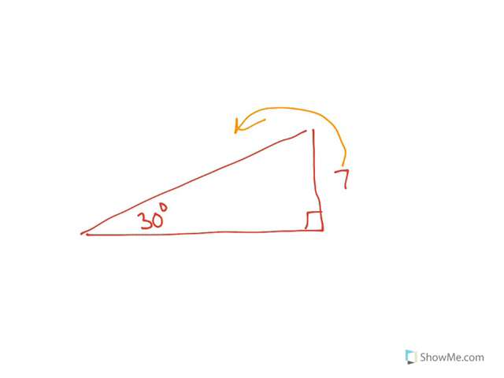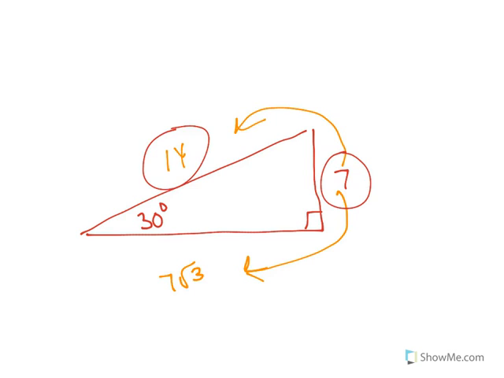You're going to double it, so times 2, so that's going to be 14. And how do I get to the one across from the 60? That's going to be multiplied by radical 3, so 7 radical 3. So there's your 3 side lengths, a 7, a 14, and a 7 radical 3.